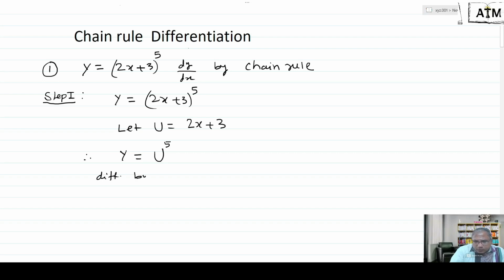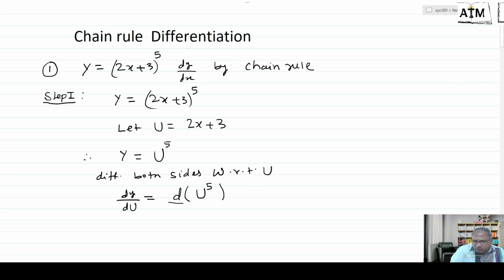So here, differentiating both sides with respect to u, we get dy by du. Here we write the derivative of u raised to 5 with respect to u. The derivative of u raised to 5 is 5u raised to 5 minus 1.